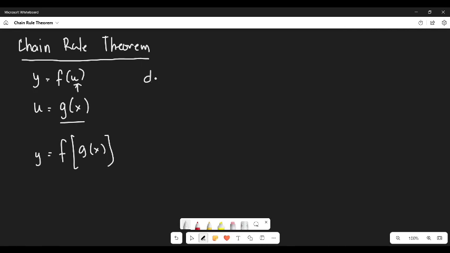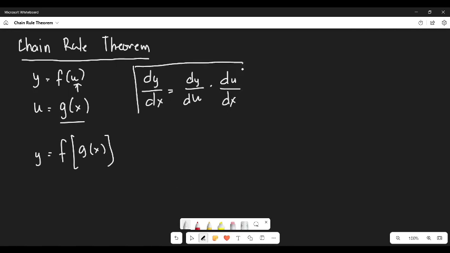We can write it in this formula: the derivative of y with respect to x is equal to the derivative of y with respect to u, multiplied by the derivative of u with respect to x. This will be our formula for the chain rule based on the theorem.